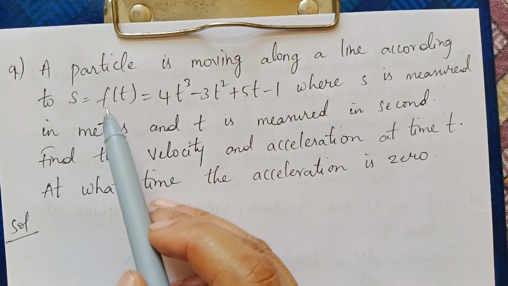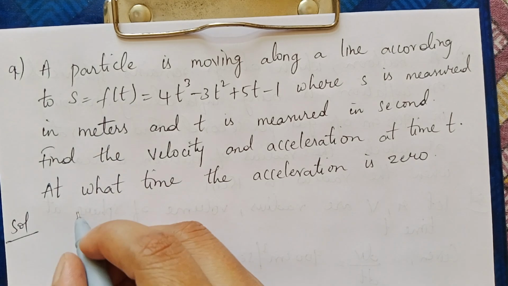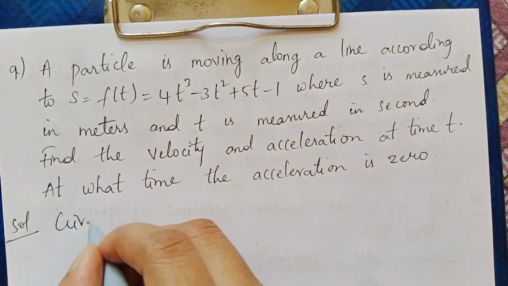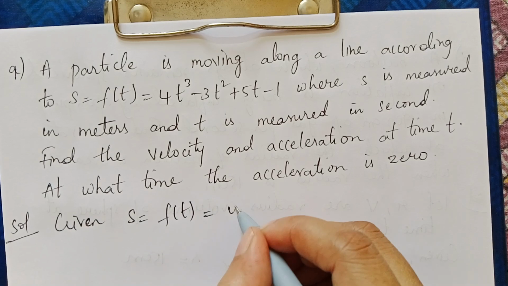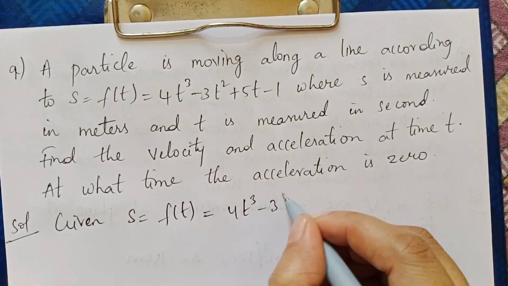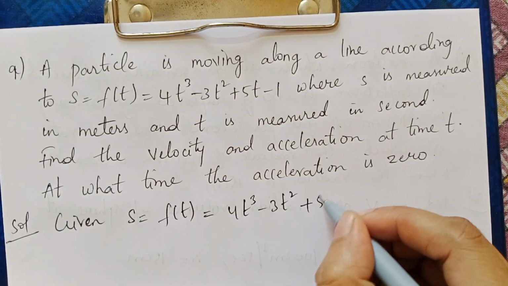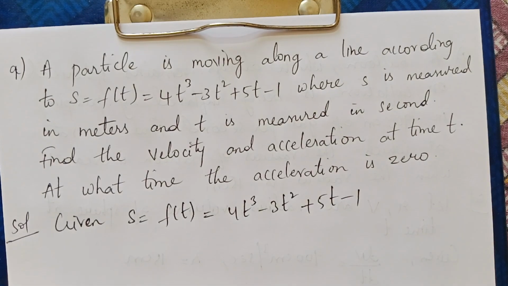So we have the distance equation, right? Given s = f(t) = 4t³ − 3t² + 5t − 1.